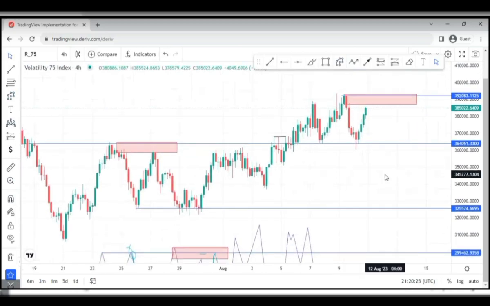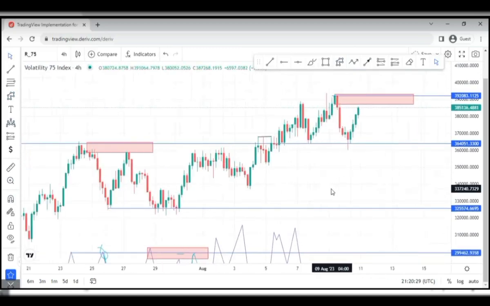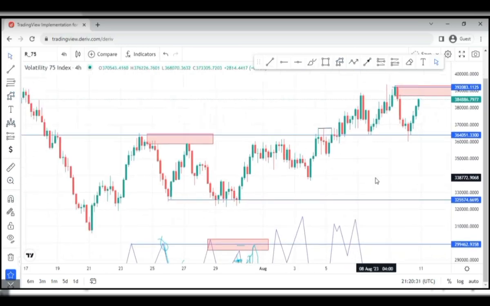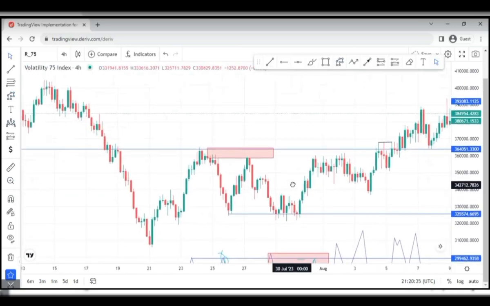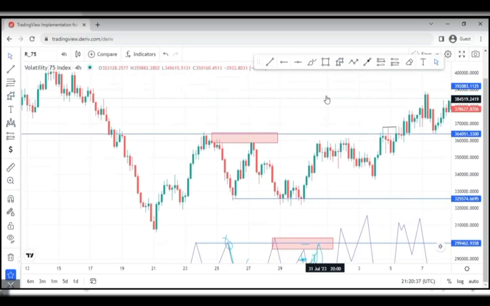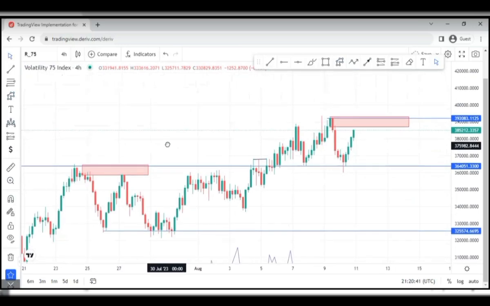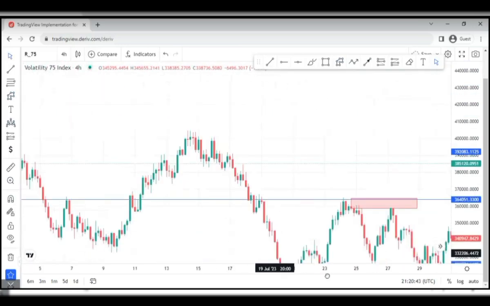All you need to do is train your eyes, and that's why market structure is always important. Market structure is about knowing the highs and the lows. Where did the market get to and create a high? Where did it get to and create a low? You need to understand those things. Very important. Let me see if I can spot another head and shoulder.